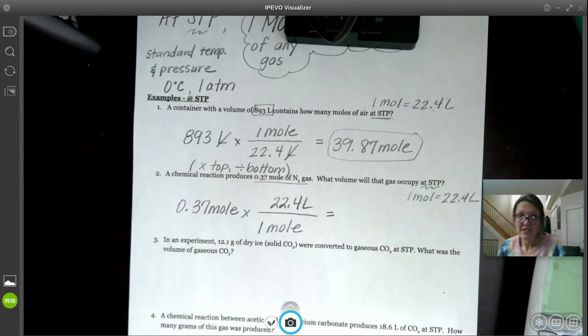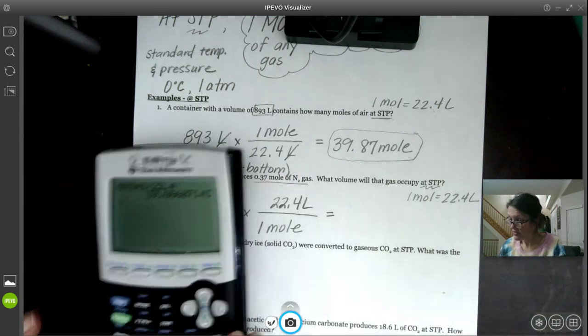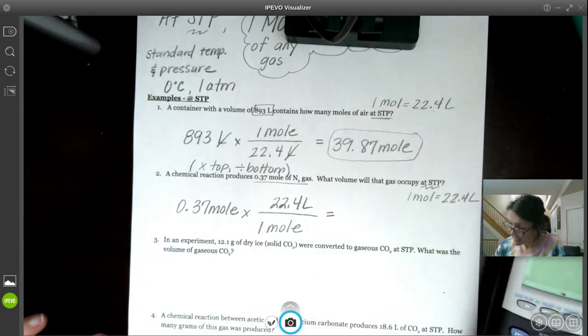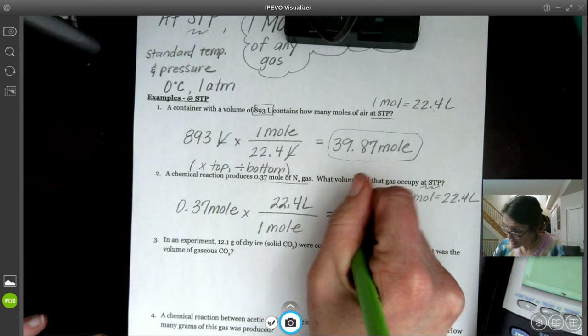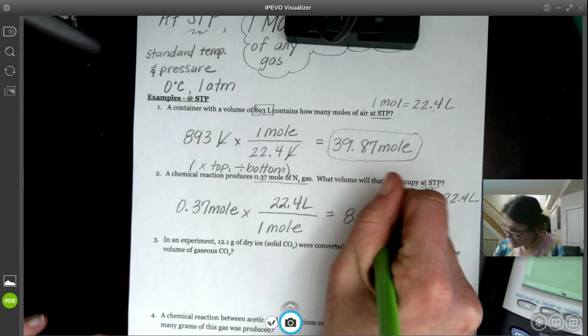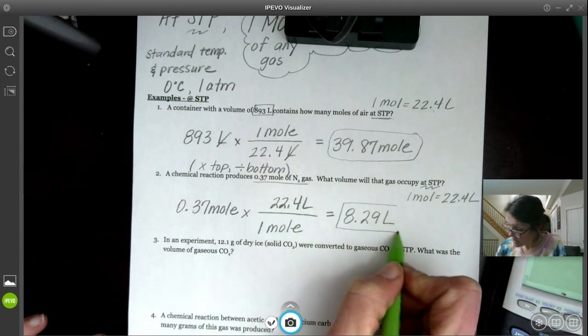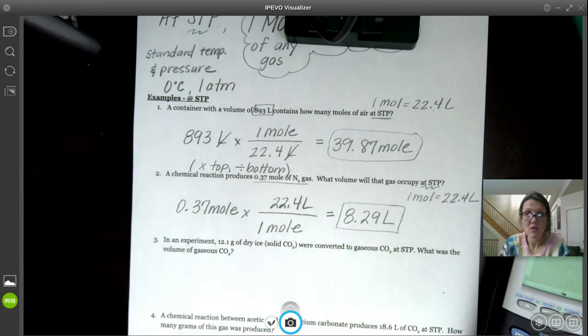The way we solve this is we multiply across the top of the fraction and divide by the bottom. So 0.37 times 22.4 divided by 1, and we get 8.288. We'll just round that to 2 decimal places, so we get 8.29 liters. And that's the volume of my sample if I have that many moles.